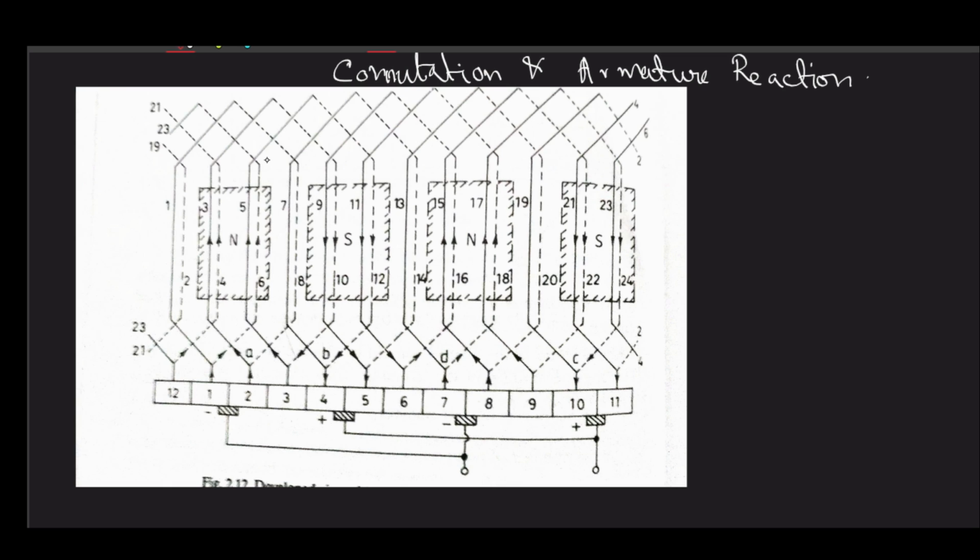Rather, the coil that is going to be shorted must be located in the interpolar region, and I am coming to that. Why do we need this?